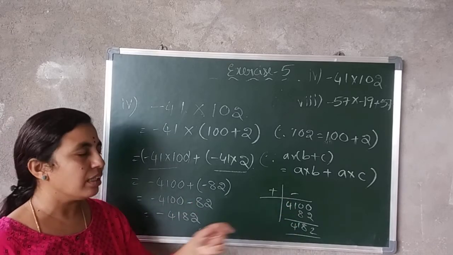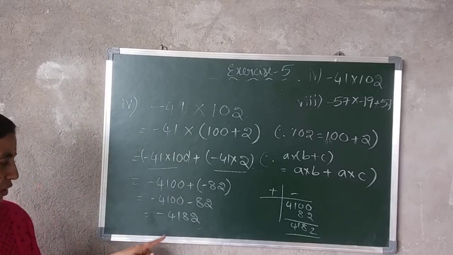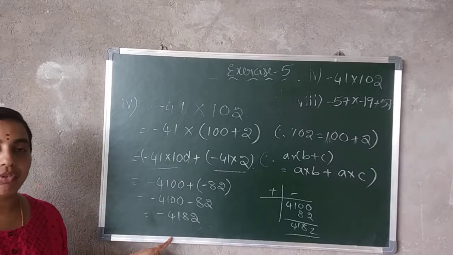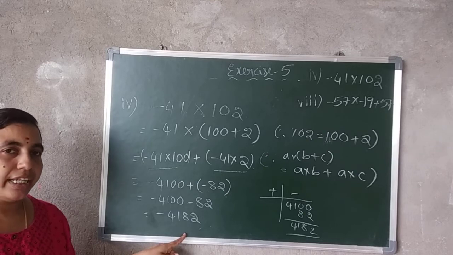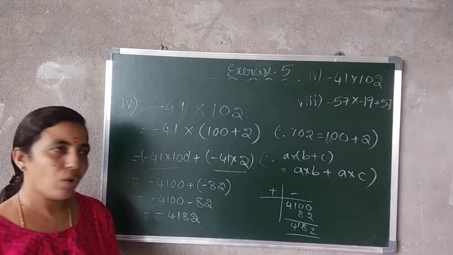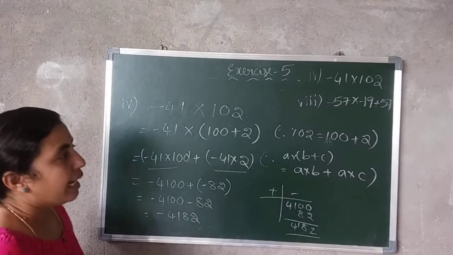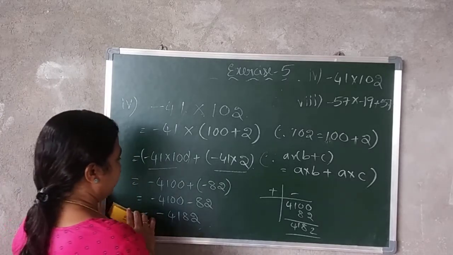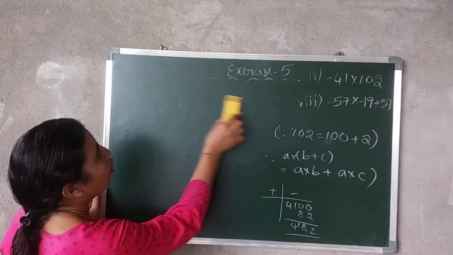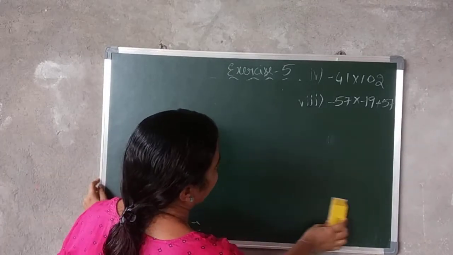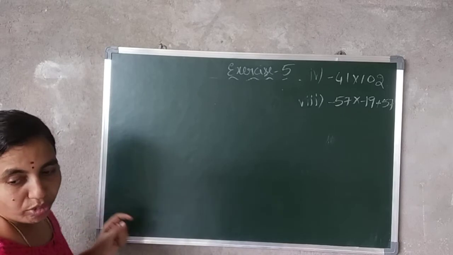So the answer is minus 4182. Okay, so this is the fourth one. Then I'll explain the last, the eighth one, and the remaining are all homework for you.